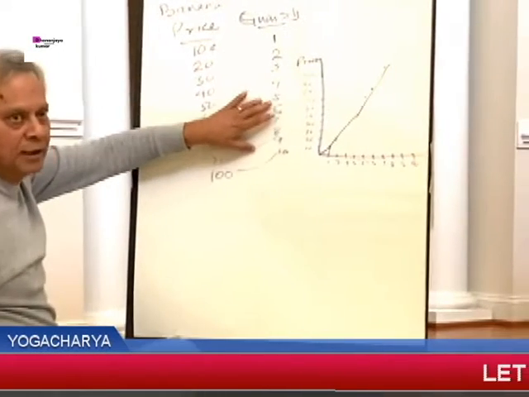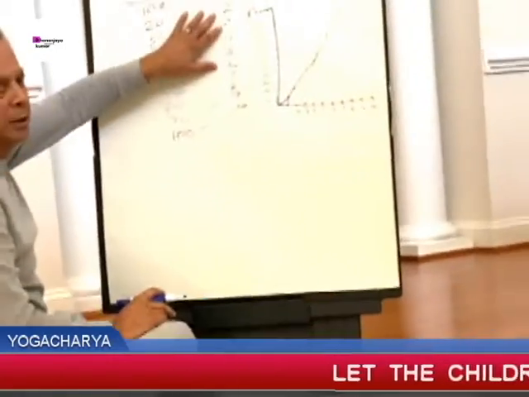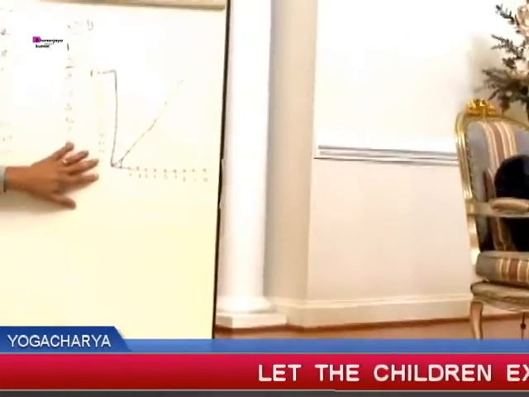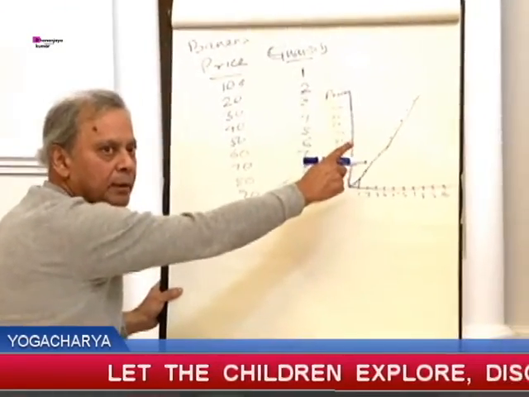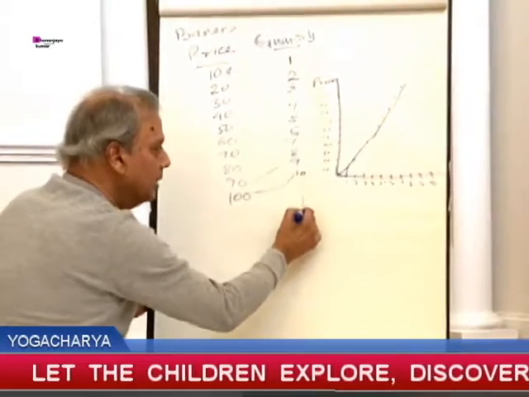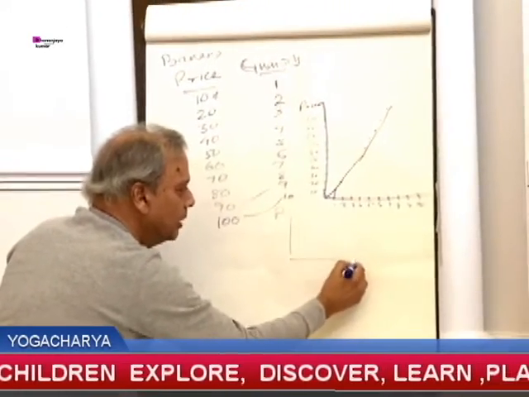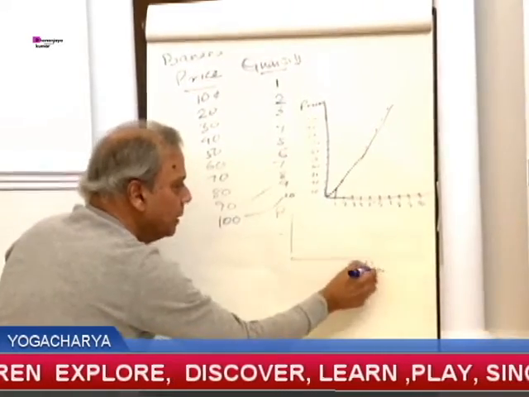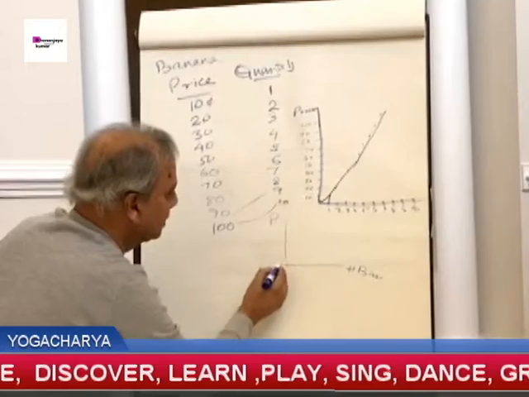So what I have done is put all these numbers and make a shape. So the shape is when I put price here and number of bananas here, the line is about 45 degrees, 50 degrees.